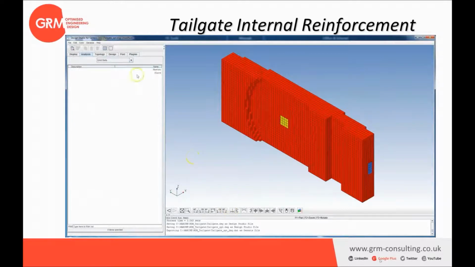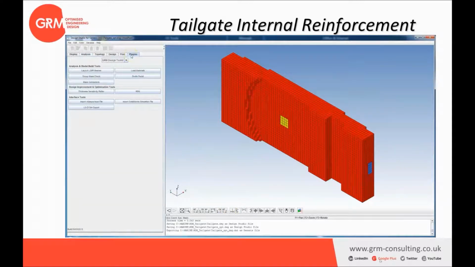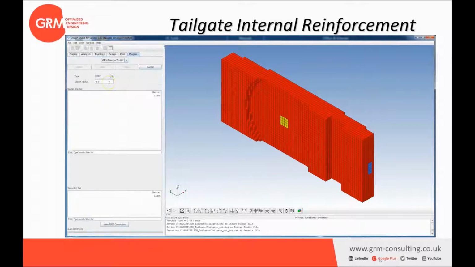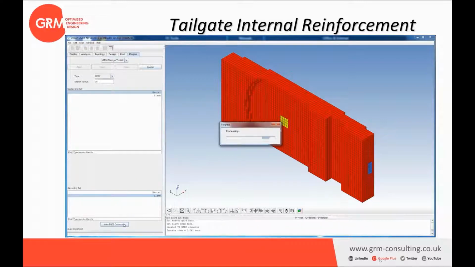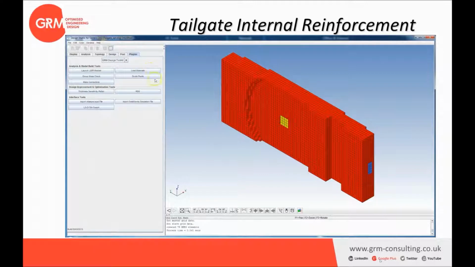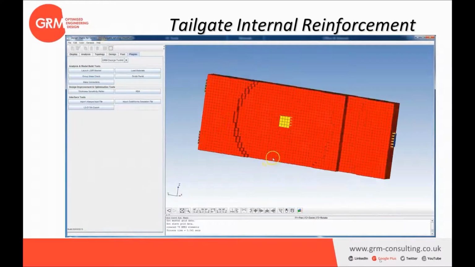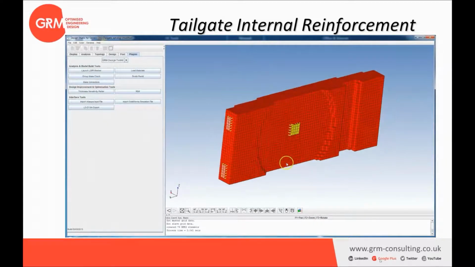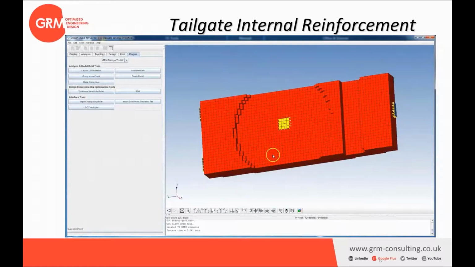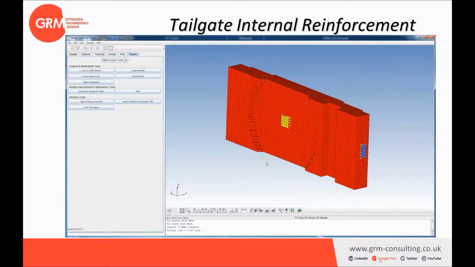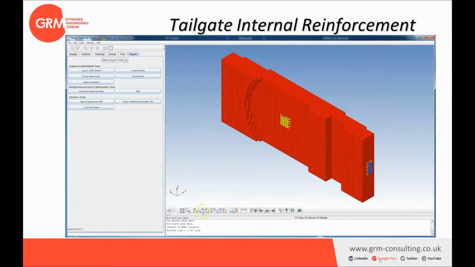Thanks to an add-on plugin that GRM has developed, we can create new connections automatically, so we'll create rigid connections from these two sets that we previously created. So as you can see, the two parts are now connected.